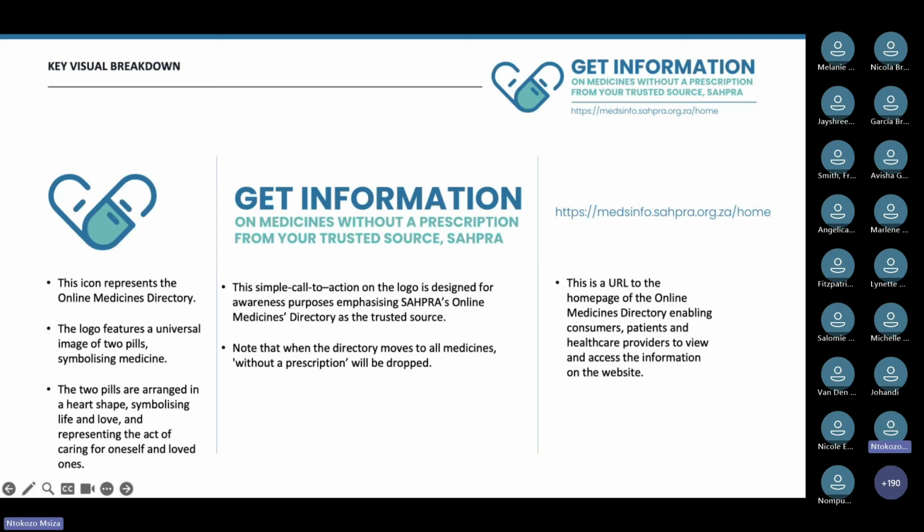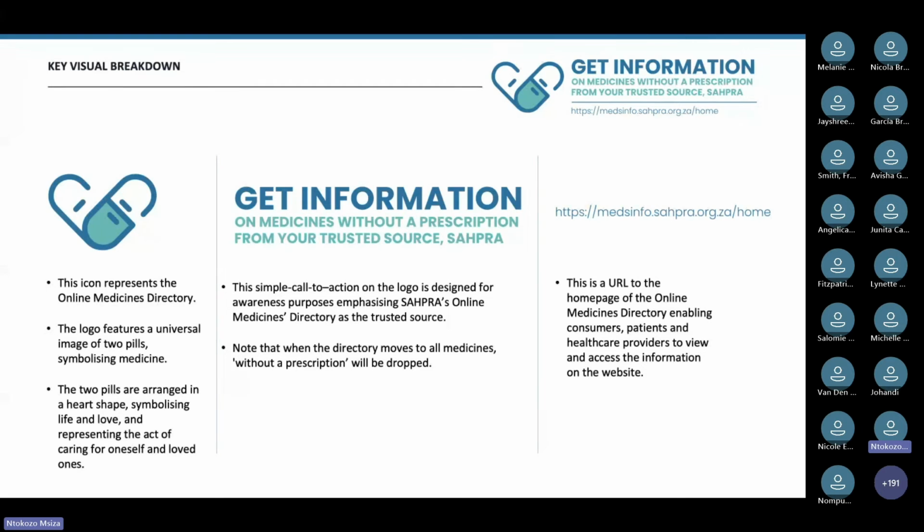So if you notice, the OTC brand and colors were derived from the SAHPRA CI. And the call to action goes hand in hand with the icon that's on the left. So the get information heading is simply what the OTC site is about.